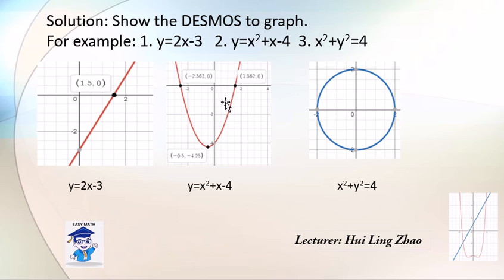When we draw a vertical line, there's only one intersection point. And the last one is x squared plus y squared equals 4. This is a circle with radius 2. When we draw a vertical line, there are two intersection points. So the first one and second one are functions, and the last one is not a function.